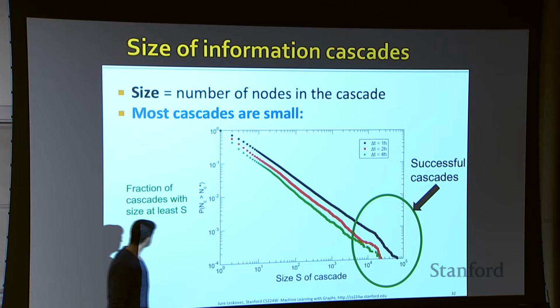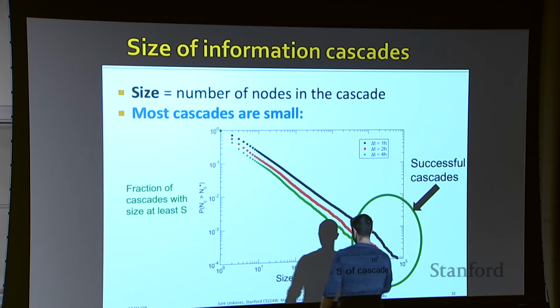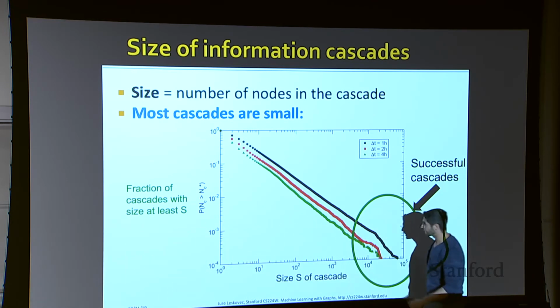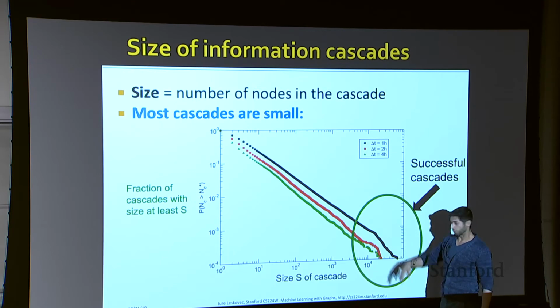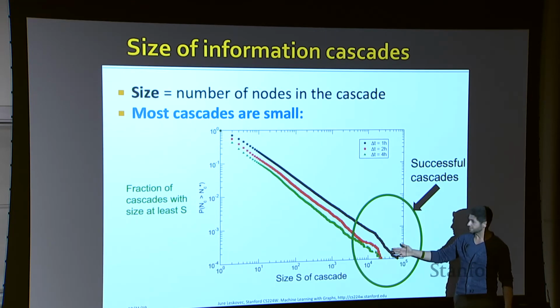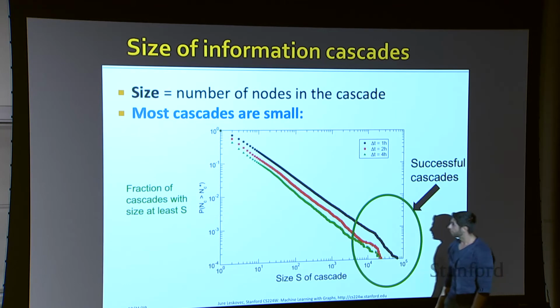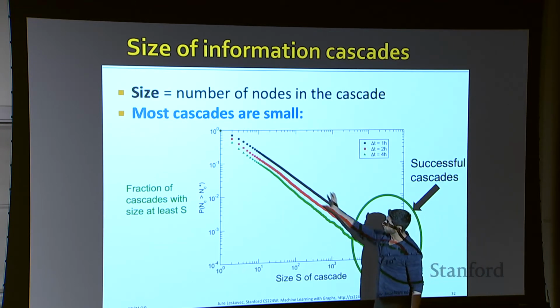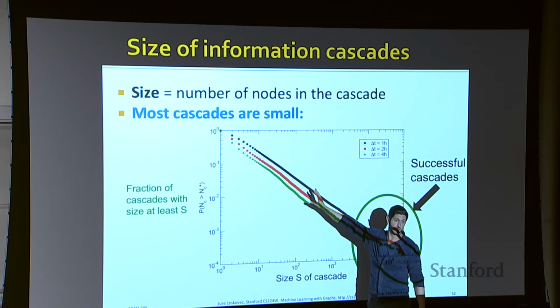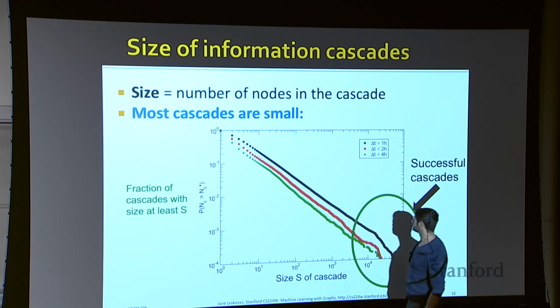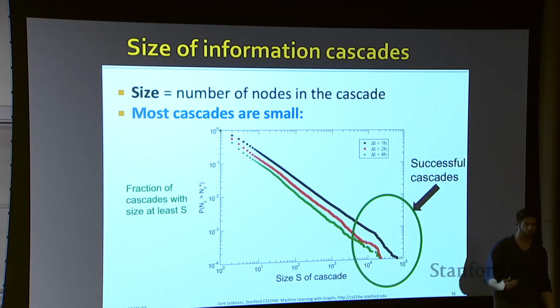So as you can see here, on the x-axis we have the size S of our cascades. This is a log-log plot, and clearly there are just few of them that are extremely successful and very large, but then as usual there is a very long tail of short-lived cascades that are still happening, okay? So this sort of reflects the intuition that we just had before, okay? Any questions?